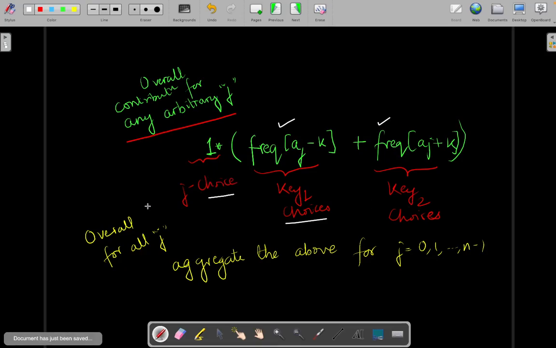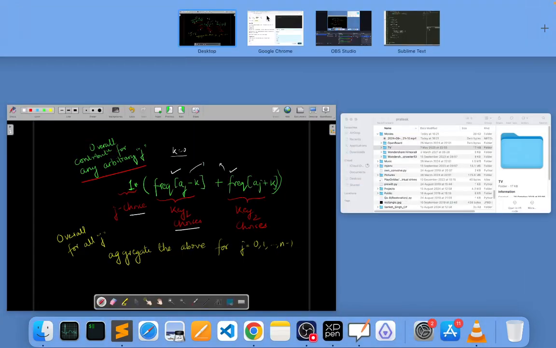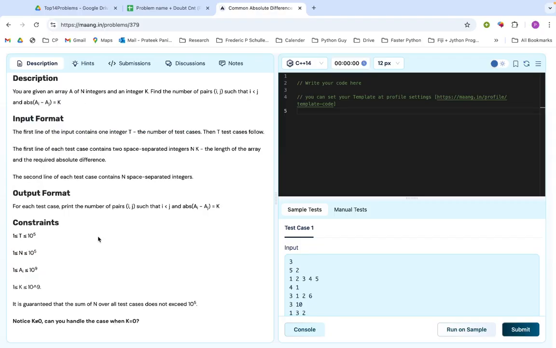And so one thing to note here is, had k been 0, we would have overcounted here, right? We would have counted both the things twice. That's one thing to note here. So therefore, you will see in the question, k will be strictly greater than 0. k starts from 1.